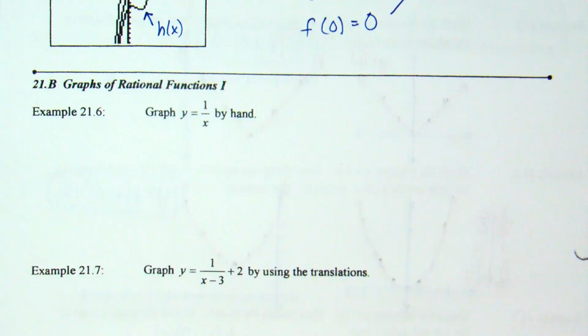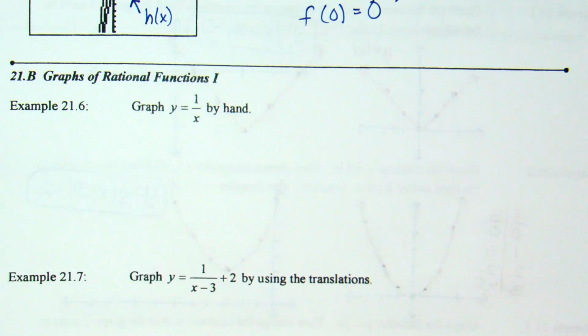Do you remember what 1 over x is? I remember the thing that looks like stairs. Nah, this is not the stairs. Okay. 1 over x is called the reciprocal function. Do you remember what the reciprocal function looks like?